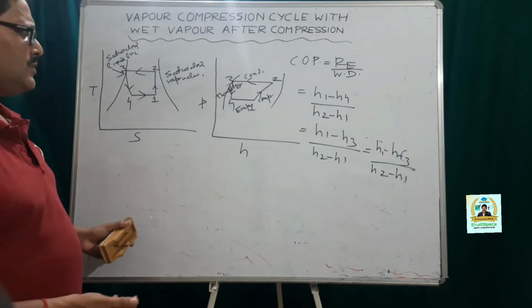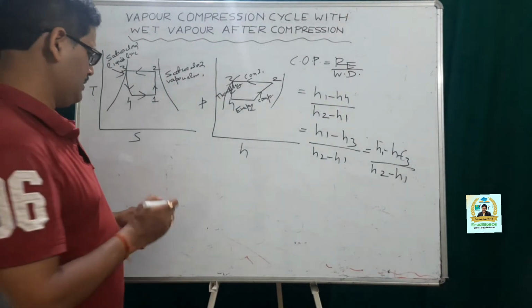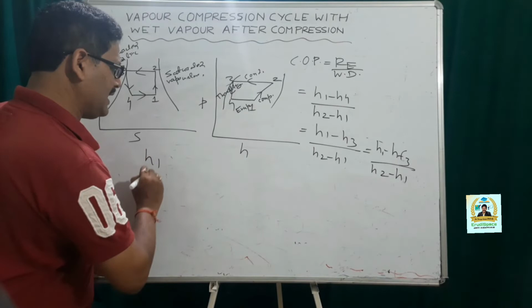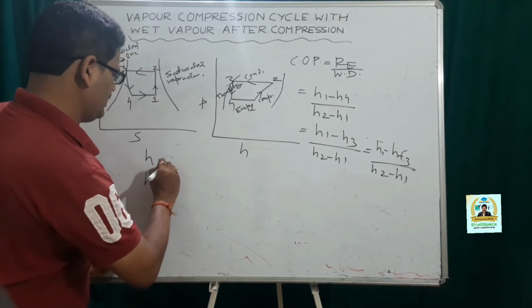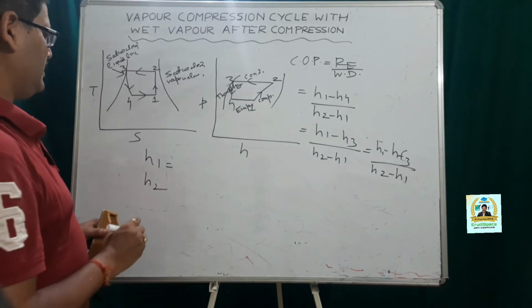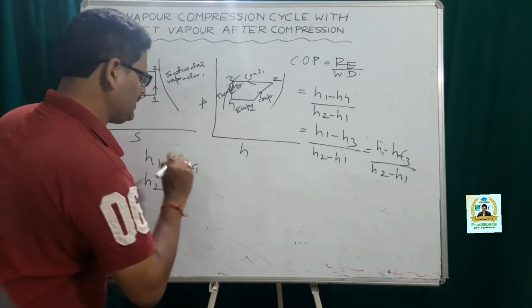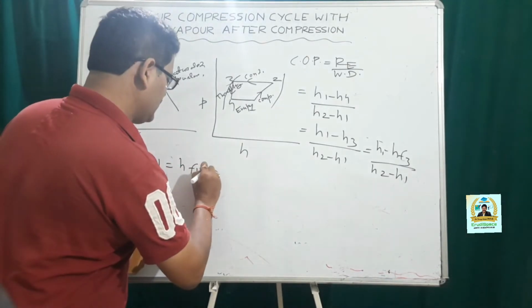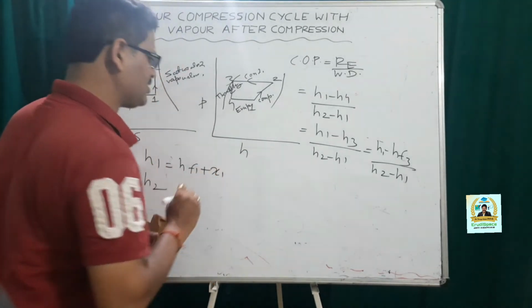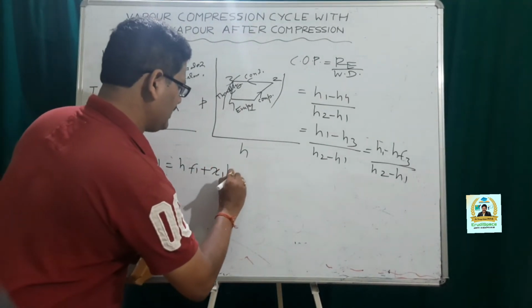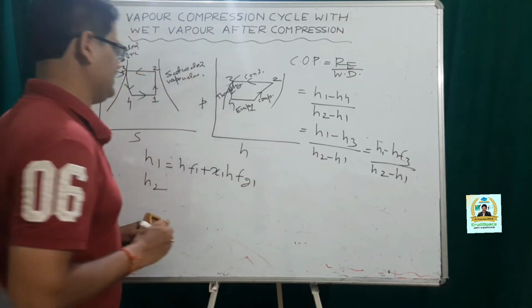Now, you can easily compute H1 as well as H2. H1 is equal to hf1, that is the liquid heat, plus dryness fraction times the latent heat.